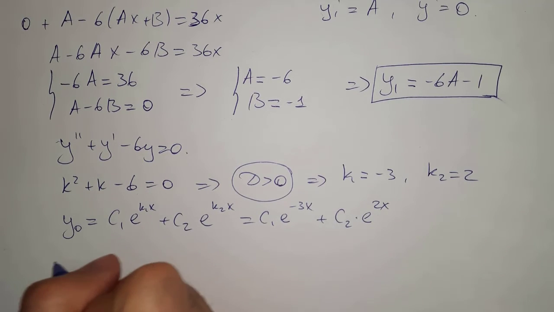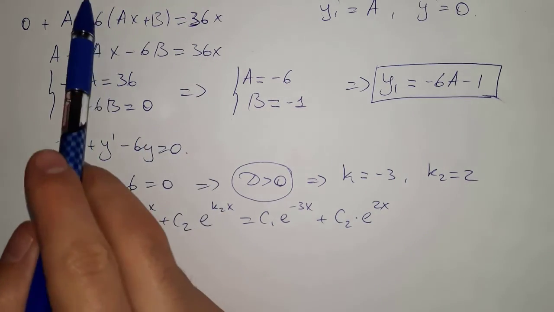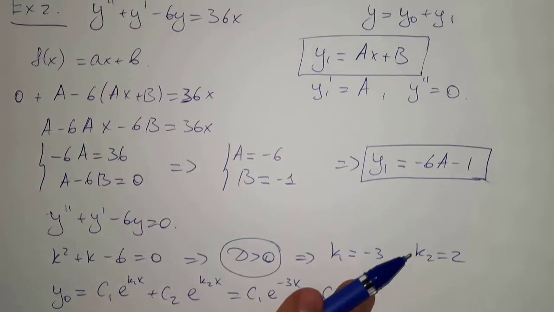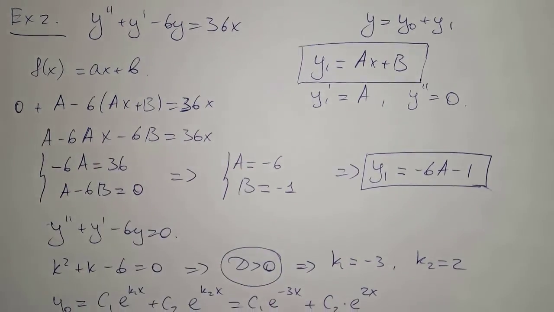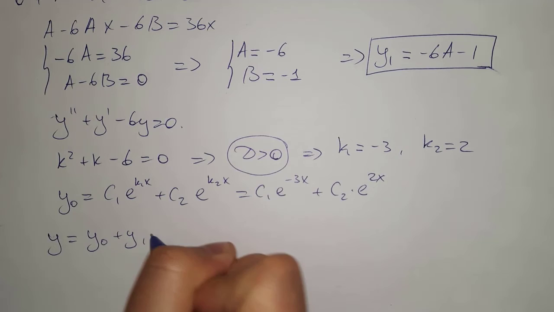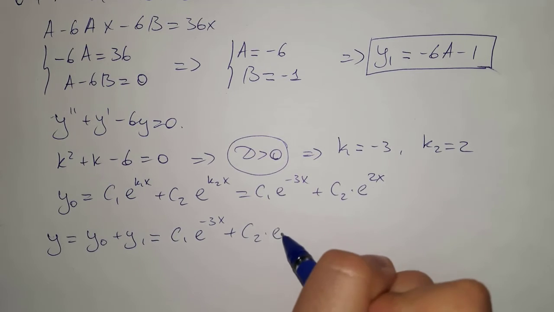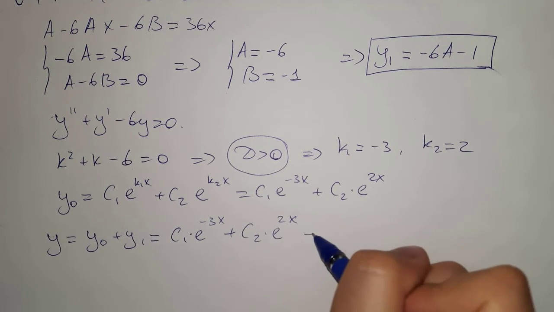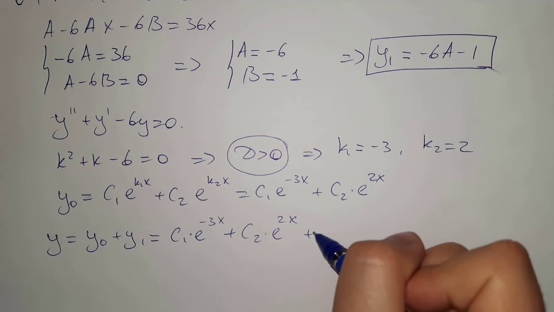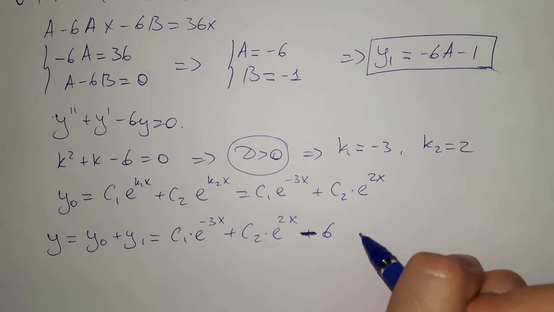And now the general solution of the given non-homogeneous equation is this: y is y0 plus y1, where y0 is c1 times e to the power of minus 3x plus c2 times e to the power of 2x, plus the particular solution, which is minus 6x minus 1.